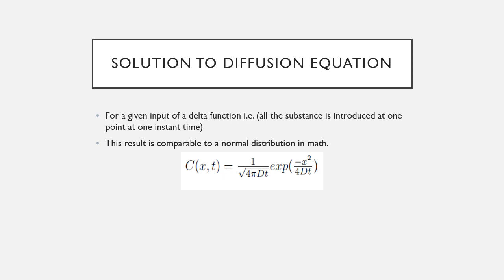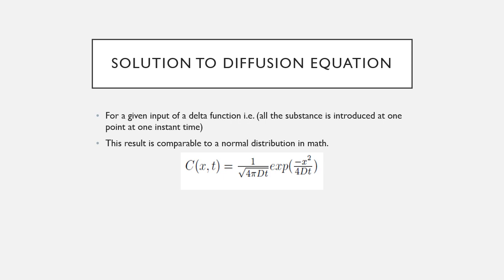The solution of this is given as follows. This is for an input of a delta function. A delta function is when you inlet all the material at one given point in space and time. For our convenience, we take time and space equal to zero.